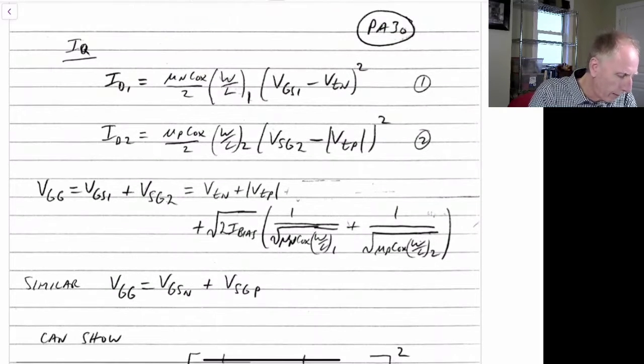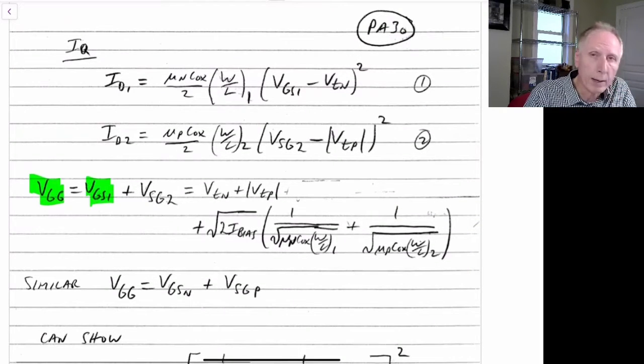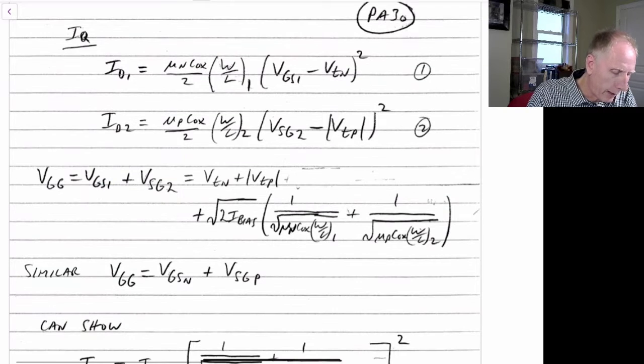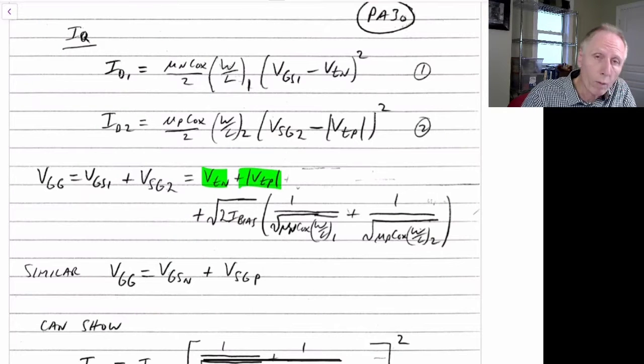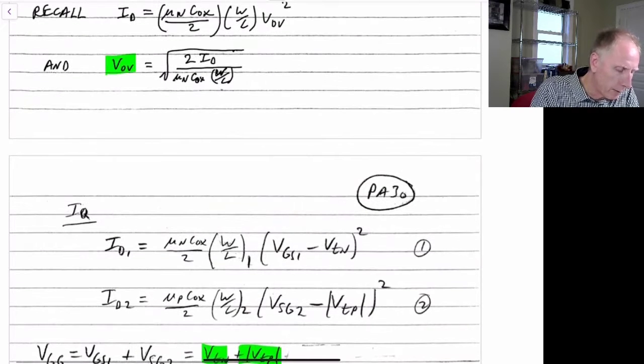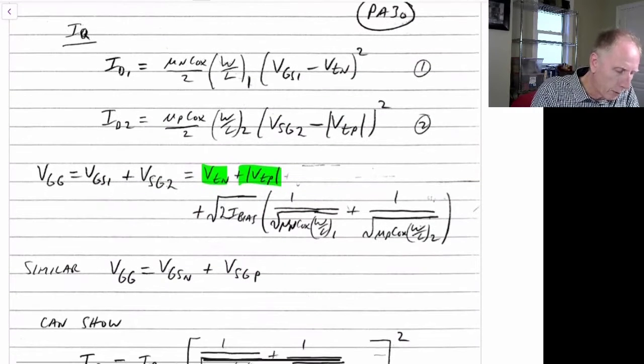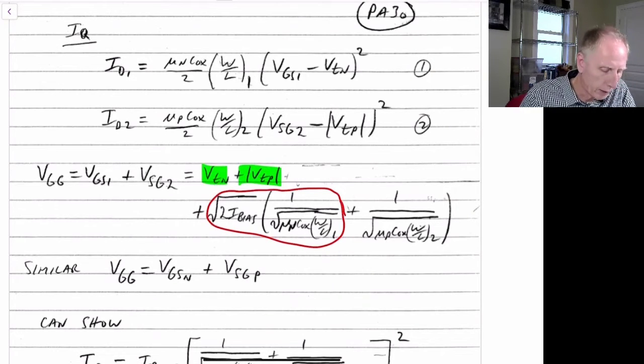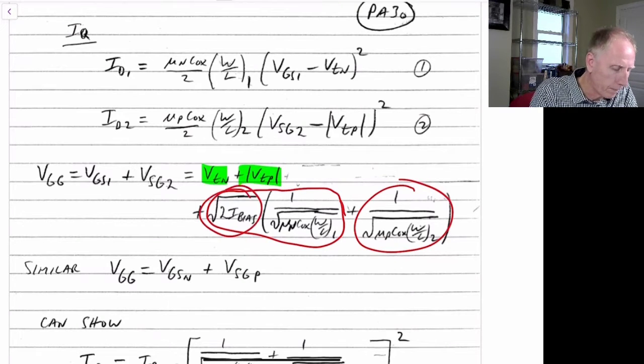So VGG is the gate to source of the NMOS transistor plus the source to gate of the PMOS transistor. That means we can sum together our two threshold voltages and then our overdrive voltages for each of them, and the overdrive voltage was given by this equation. So the overdrive voltage for VGS1 is given by this part, and the overdrive voltage for VGS2 is this combined with this.